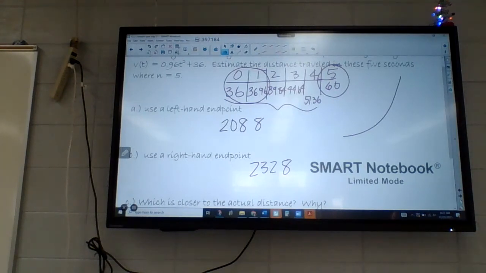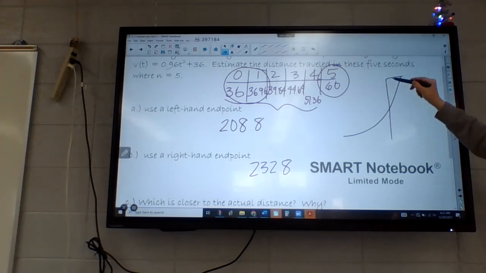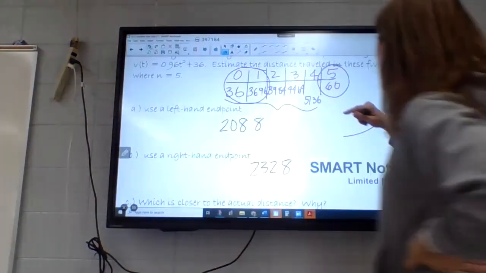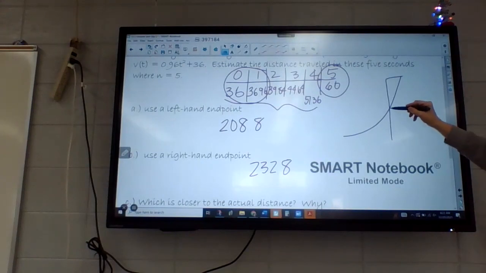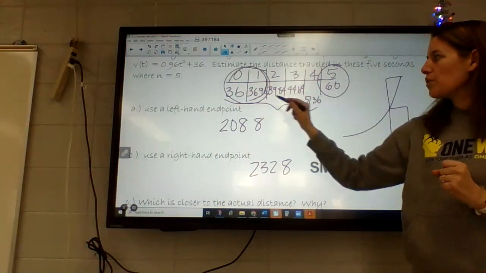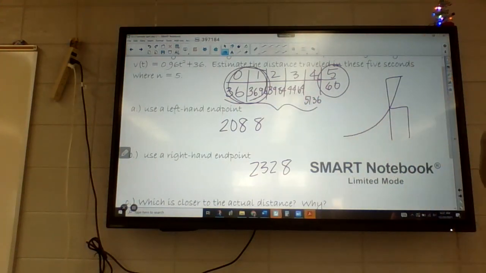If we draw this as rectangles, we're missing the section that way. But this way we're missing a huge chunk of the graph. Because these two are so close together and he's easing into it, I think we want to get up to the higher speed.